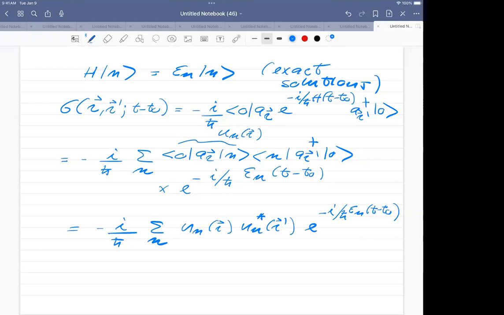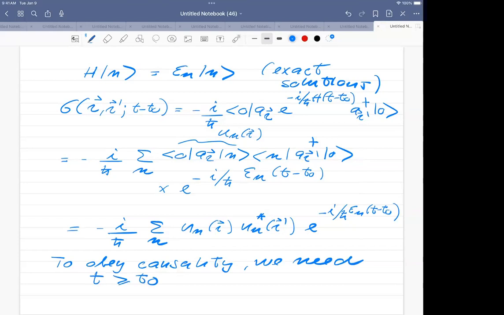Now, there is a very important thing here. As we discussed when we looked at Wick's theorem with time dependence, we have to obey causality. We need to have t larger than or equal to t0, because else it doesn't make sense.